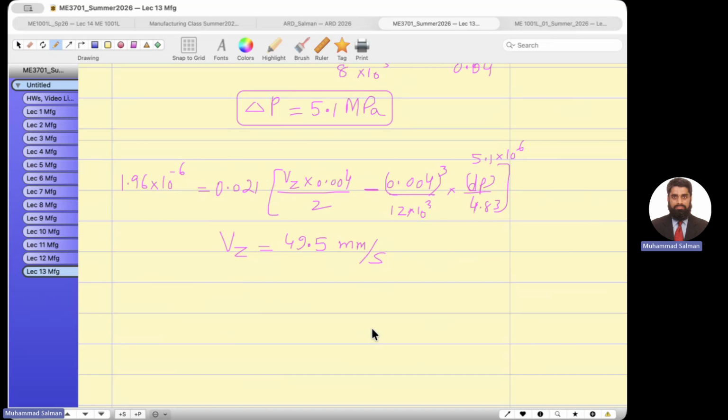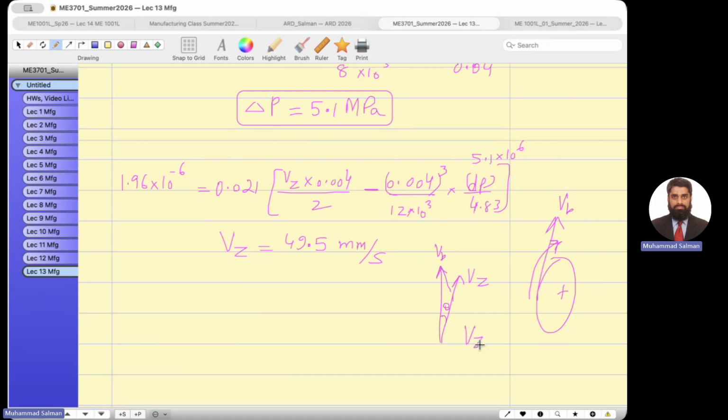We remember that along the helix is Vz and this is a straight line. V barrel is rotating tangentially, so it's not actually visible to you, it's in and out of the paper. So this is the velocity V barrel. You have to draw a perpendicular here to find Vz.